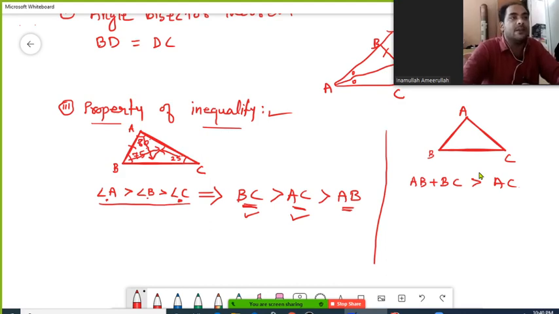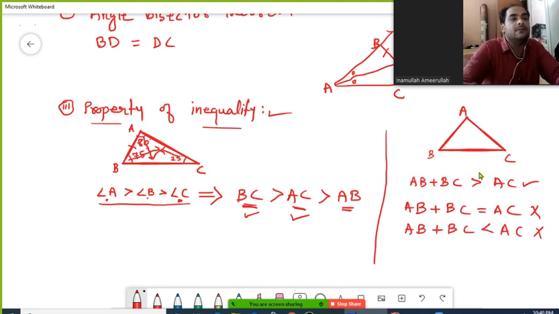This is a perfect example of a triangle. This is a practical triangle. If I say AB plus BC is equal to AC, such triangles are not possible. If I say AB plus BC is less than AC, even this type of triangle is not possible.